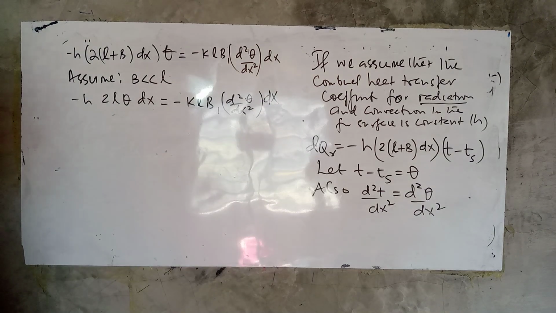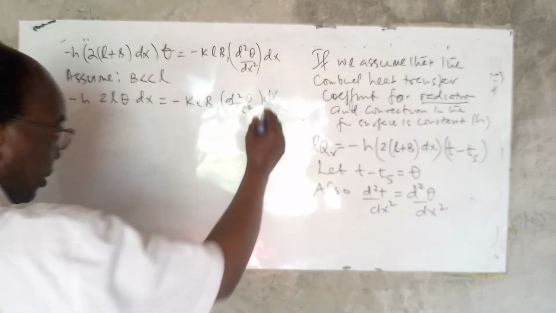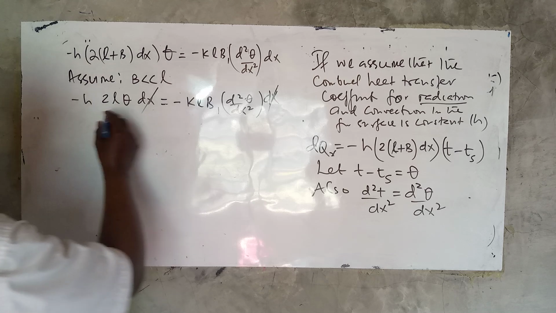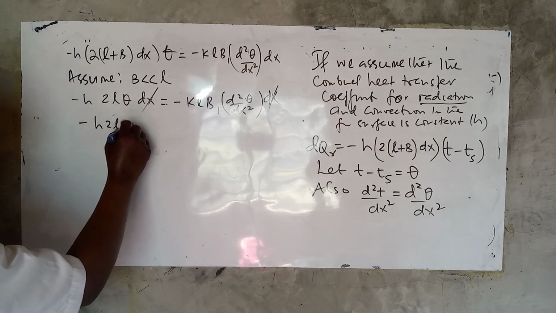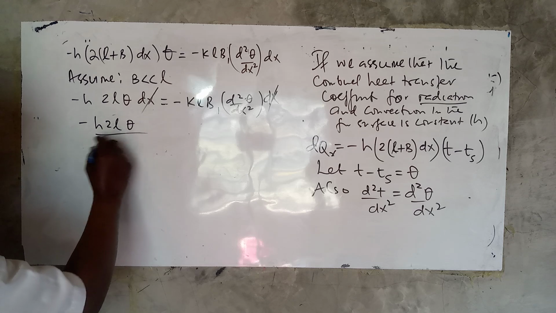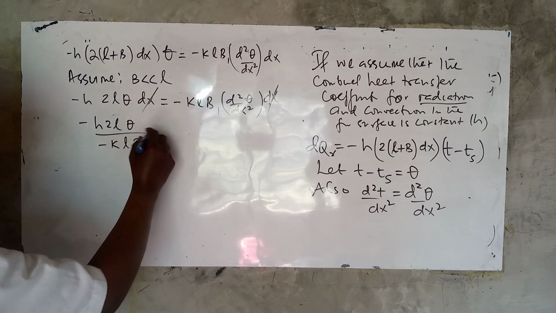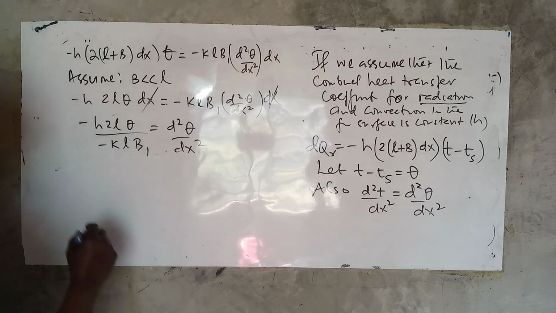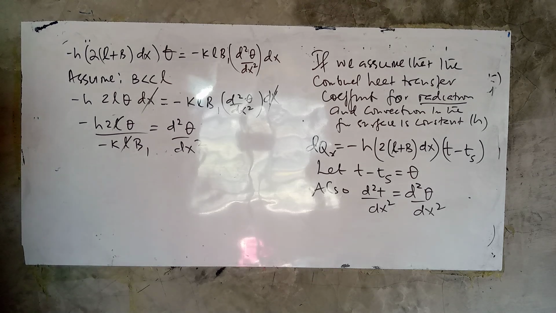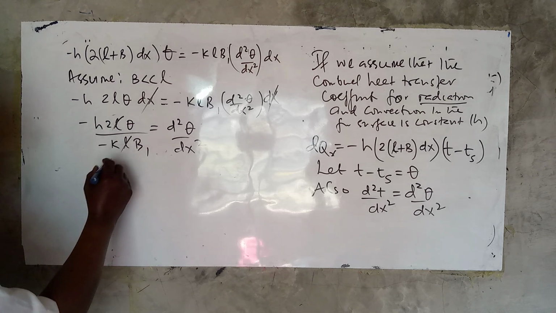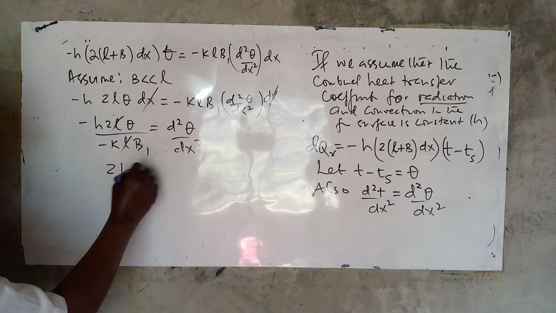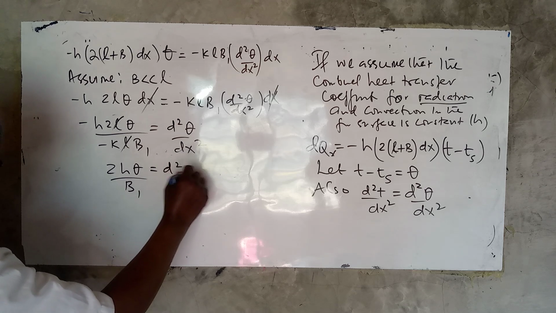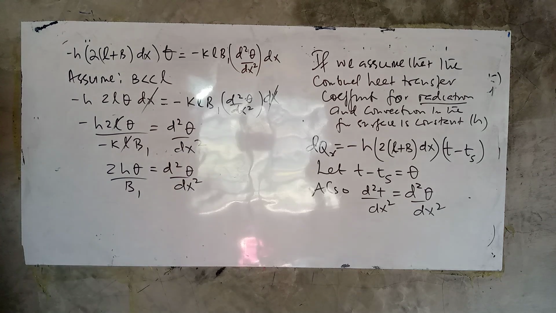Like terms will eliminate themselves, the dx can be eliminated, and then we will have minus h 2L theta over minus k L b1 equals d2 theta over dx squared. The L dimensions cancel out, so we are left with 2h theta over b1 equals d2 theta over dx squared.